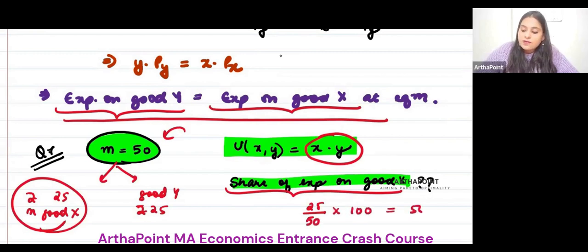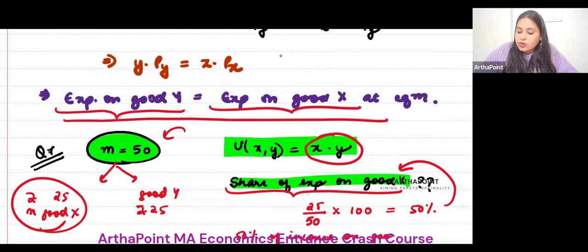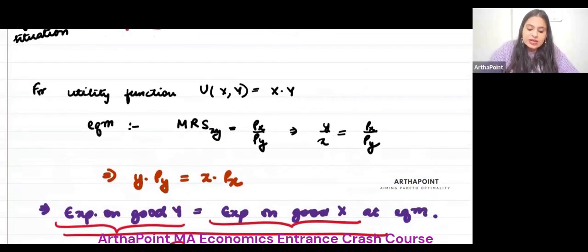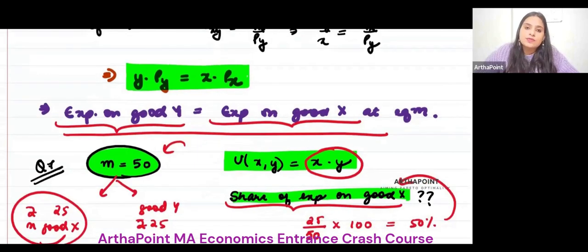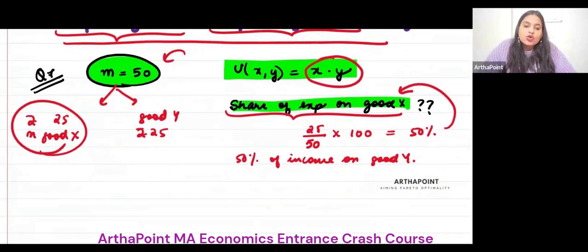That means I'm spending 50% of my income on good X, and I'm spending the remaining 50% of income on good Y. From the property that we just defined, that XPX should be equal to YPY, we get this situation. So this is an important point that we derived.